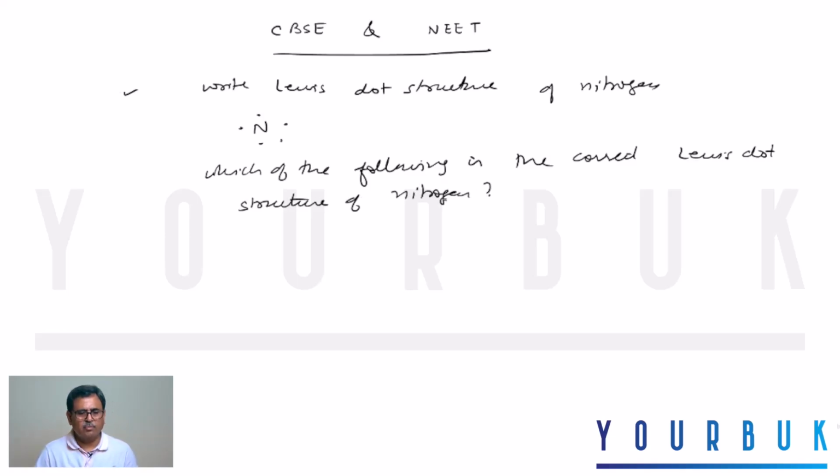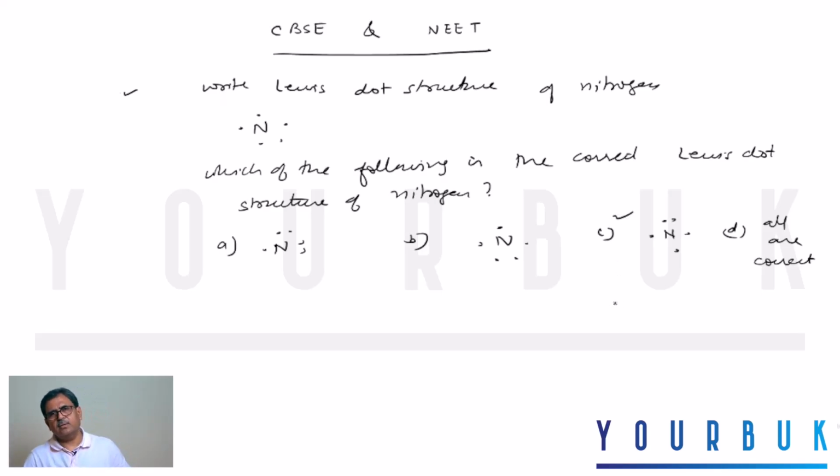You will be given 4 options, like one of the option is this. You have 5 valence electrons, the first option. Second option is this. Third option is this. Or fourth option is all are correct. So in this case, the correct option is the option C.